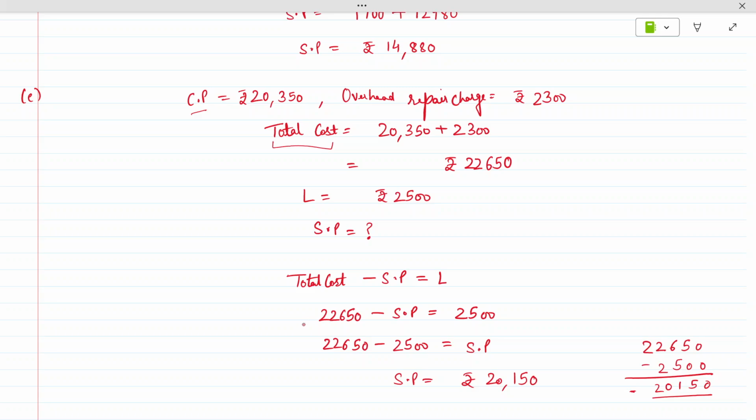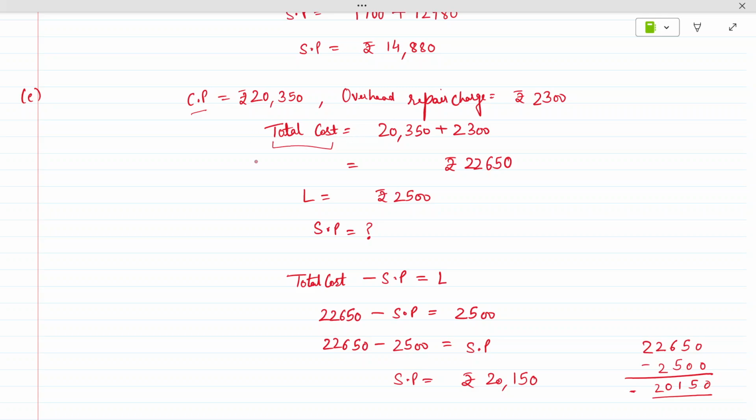I hope this is clear. Again, I am repeating this question. We are given the cost price. We are given the additional charges, which are the overhead charges. And whenever overhead charges are given to us, they are always added to the cost price because it is a type of cost to the person. It is the total cost of that product which a person is paying in all aspects together.